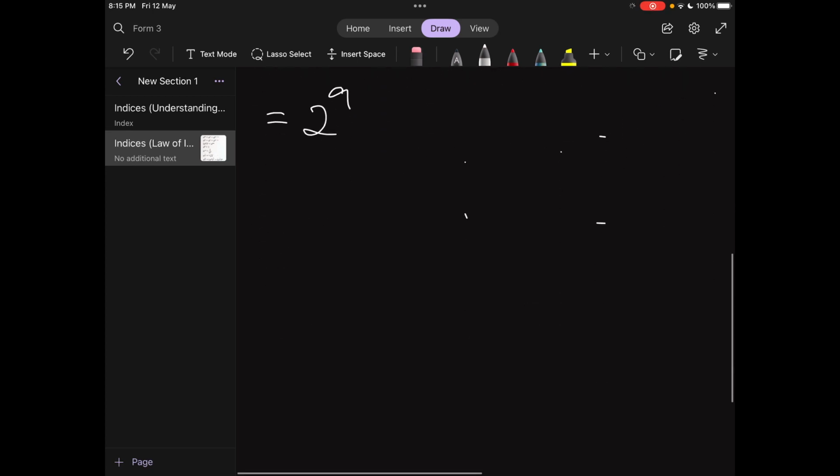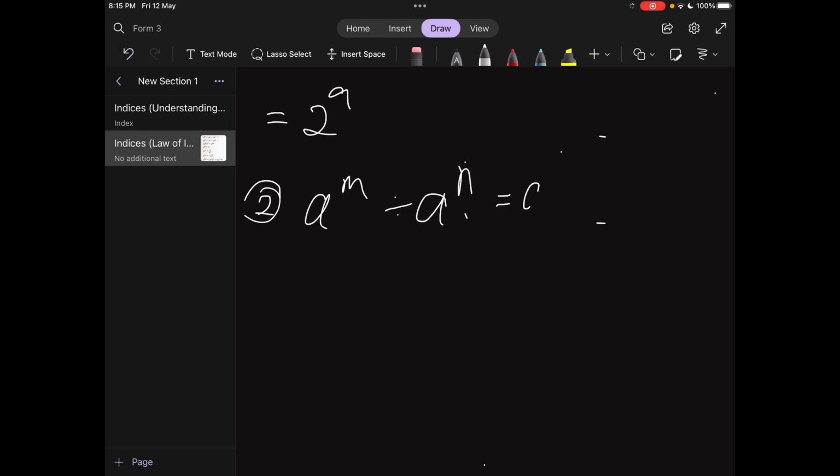Moving on, let's go to the second one, where the second law is a to the power of m divided by a to the power of n is equivalent to a to the power of m minus n. I'm pretty sure you can understand that it's just the counterpart of the multiplication law.